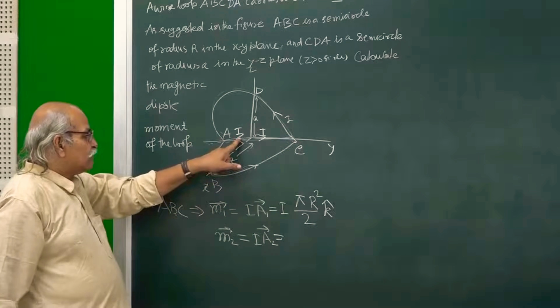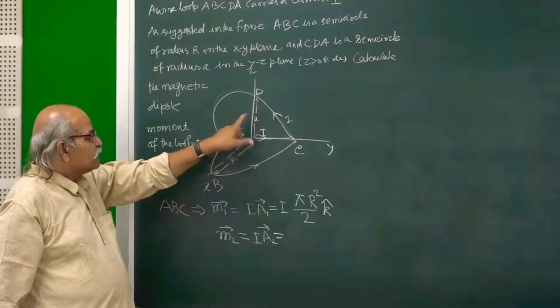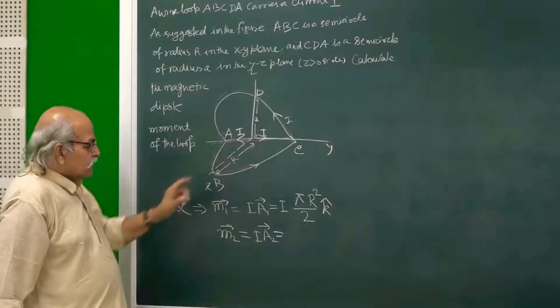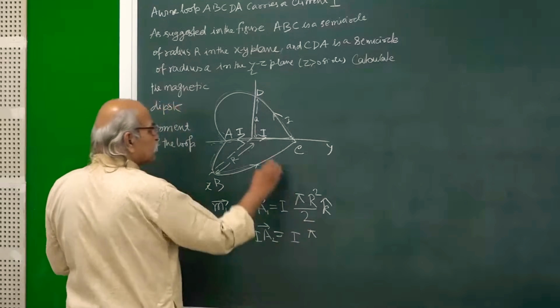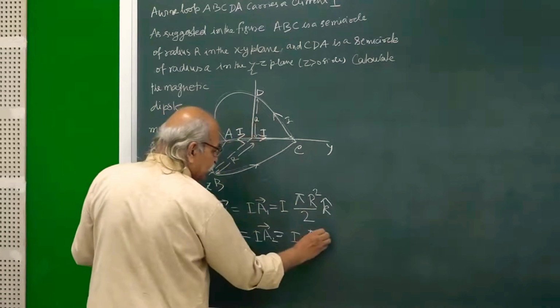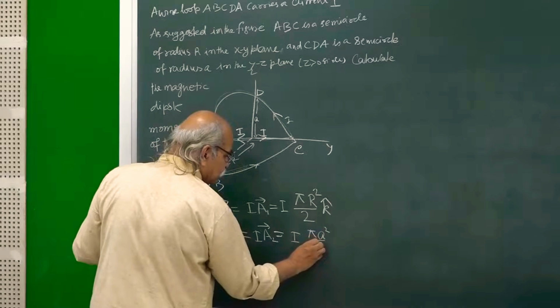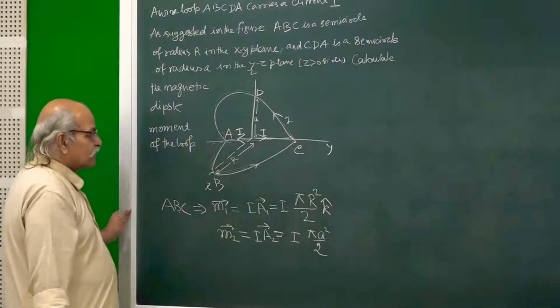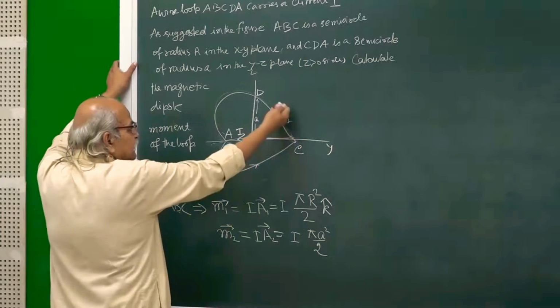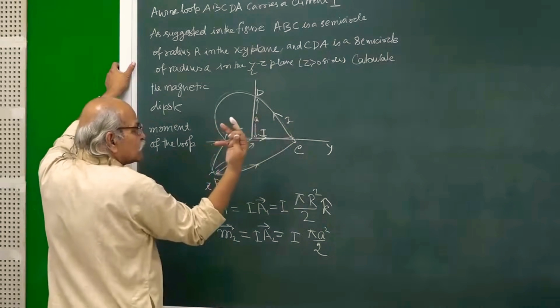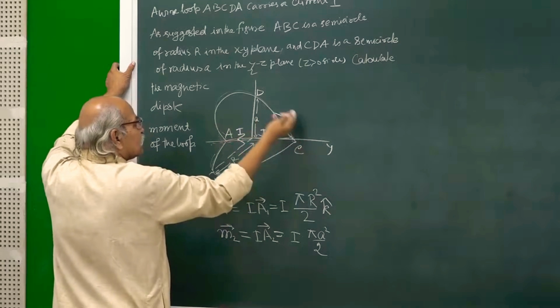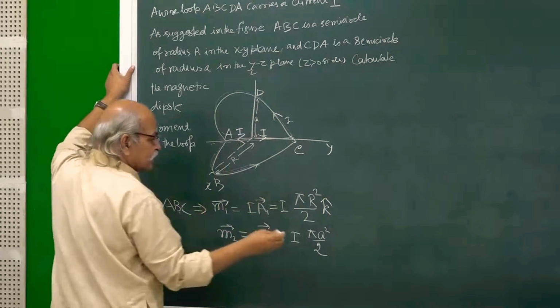This current I have used for this one and this current for this one, and it is again a semicircle, with radius small a. So the area is pi a square by 2. The direction is again anti-clockwise, coming towards me; with y, z, x, it is I cap.